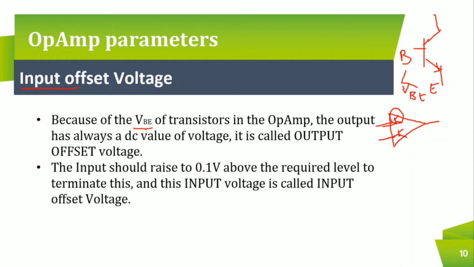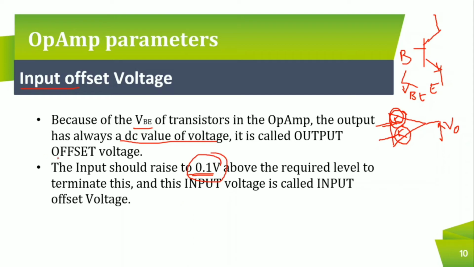Because of the VBE of the transistors in the op-amp, the output always has a DC voltage; they are not evenly balanced, so they can't have the same VBE value. At the output stage, V0 will have a certain voltage, which is 0.1 volt.